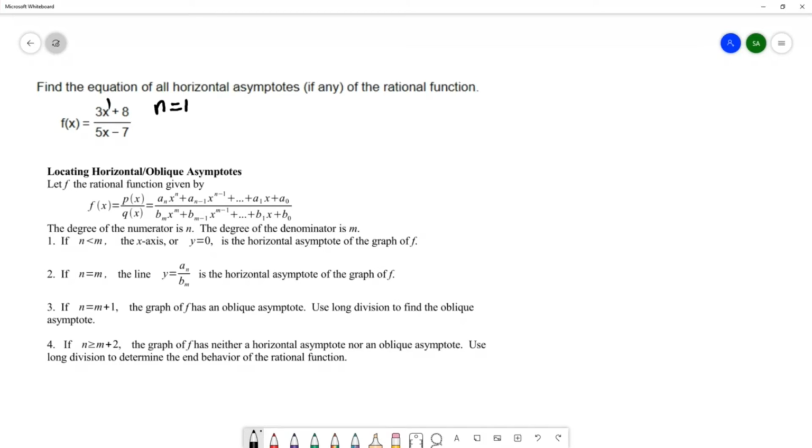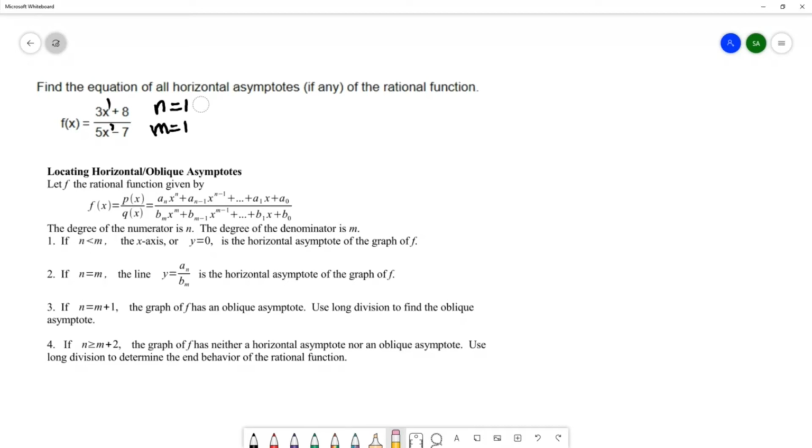In the denominator, we have the expression 5x minus 7. The highest power on x is 1, and so the degree of the denominator is 1. Now we want to compare those. Let's take a look at the different cases. The first case has the degree of the numerator being less than the degree of the denominator.